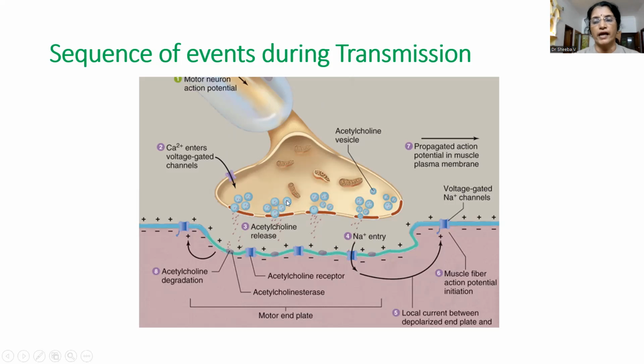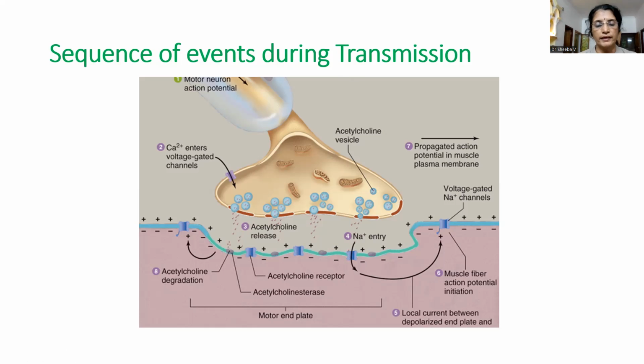When the synaptic vesicles are excited, it causes the release of the neurotransmitter acetylcholine into the synaptic cleft. Here you can see the release of acetylcholine into the synaptic cleft.